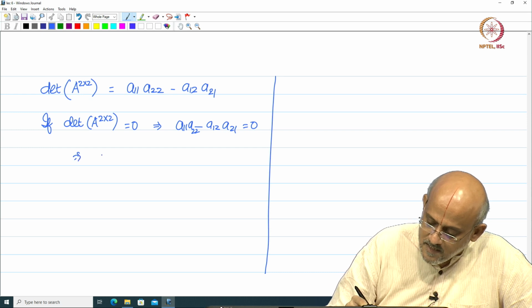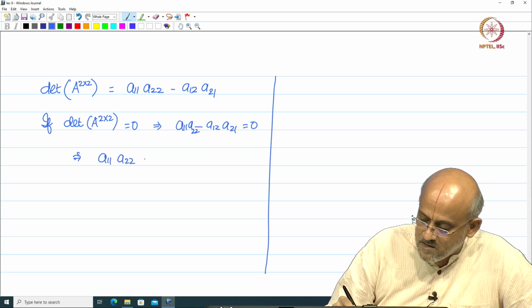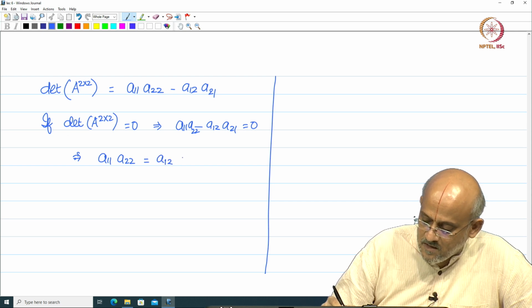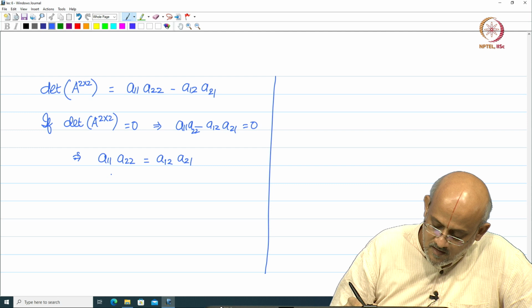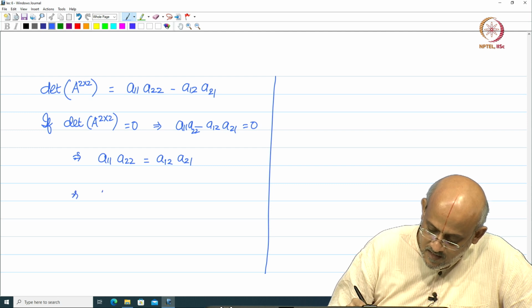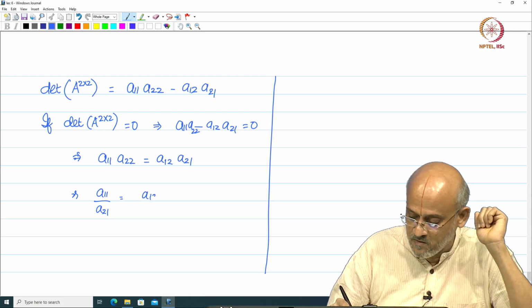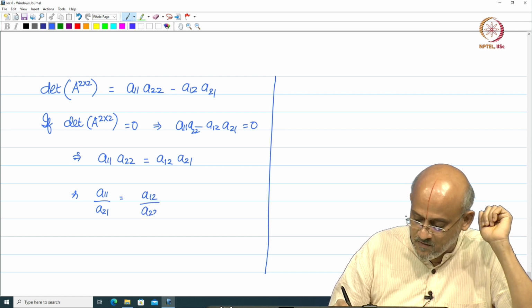I am sorry, I had written this incorrectly earlier; it should be A21. This implies A11 A22 is equal to A12 A21. I can write this as A11 by A21 is equal to A12 divided by A22.